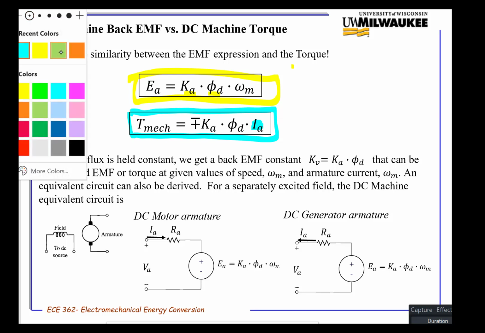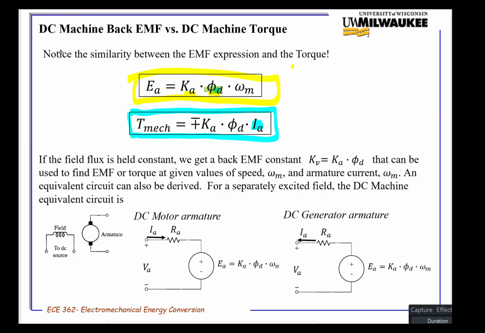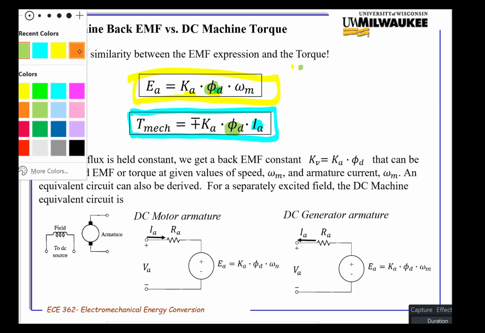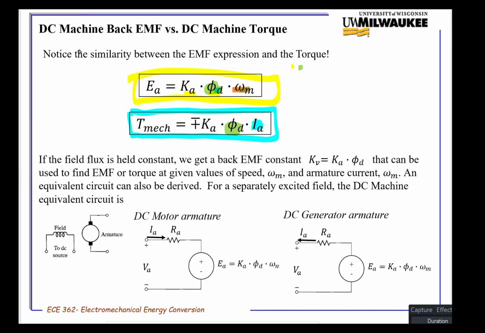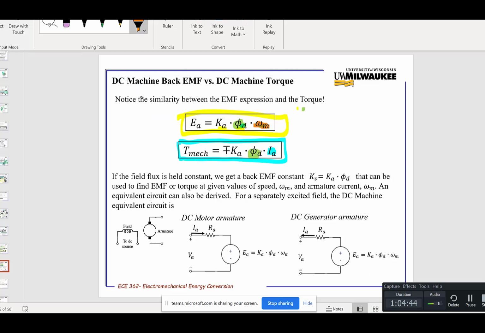So you have the flux, which is associated with the field current. You've got the Ka, which is associated with the turns and the geometry. You've got the mechanical impact of the speed, omega m, and the electrical impact of the current. So what you now have is you can quite easily imagine an equivalent circuit.